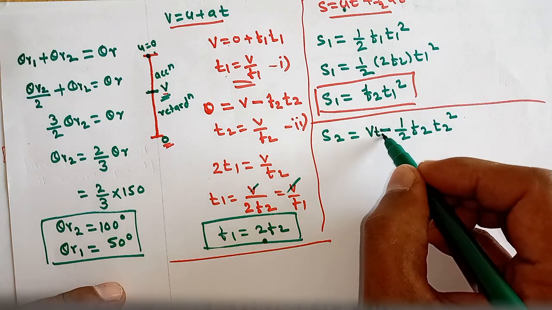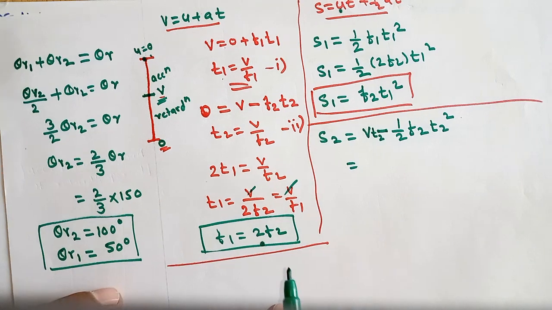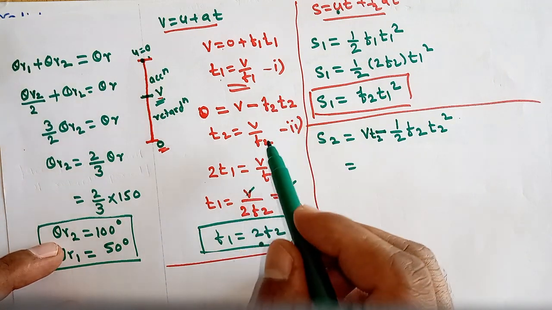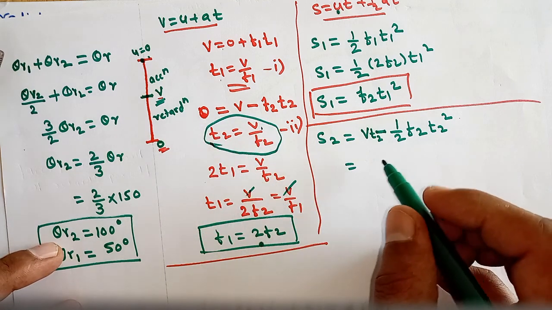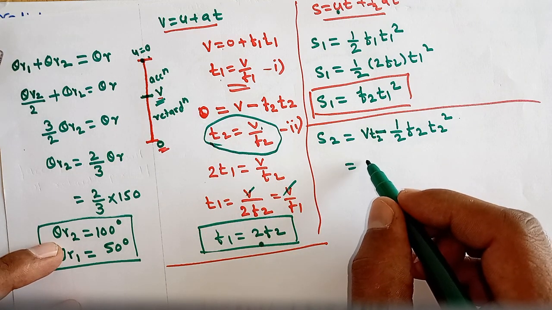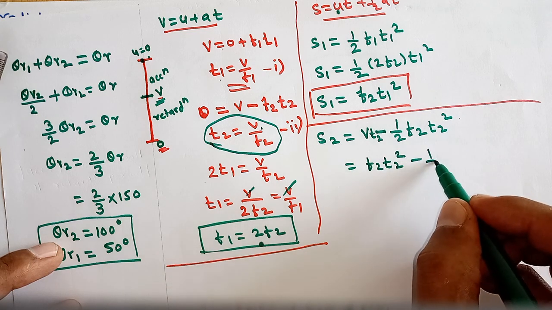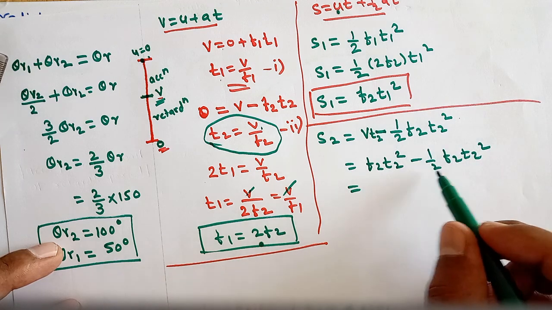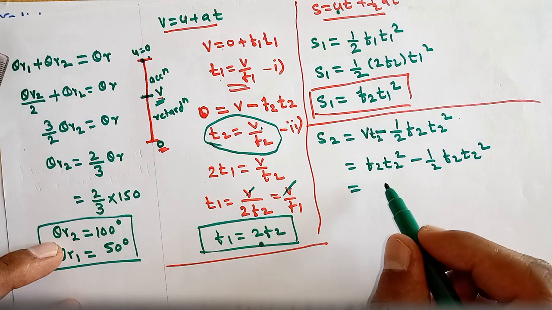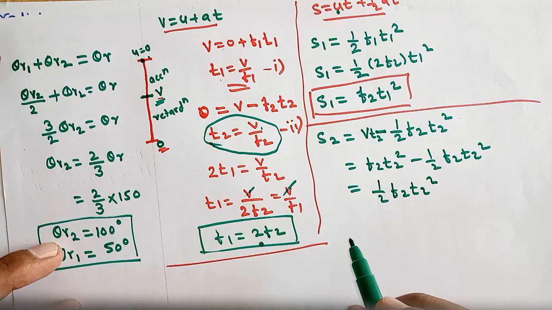Now going back to this equation, V is equal to T2 into F2. So S2 is F2 T2 square minus 1 half F2 T2 square, which will give 1 half F2 T2 square.